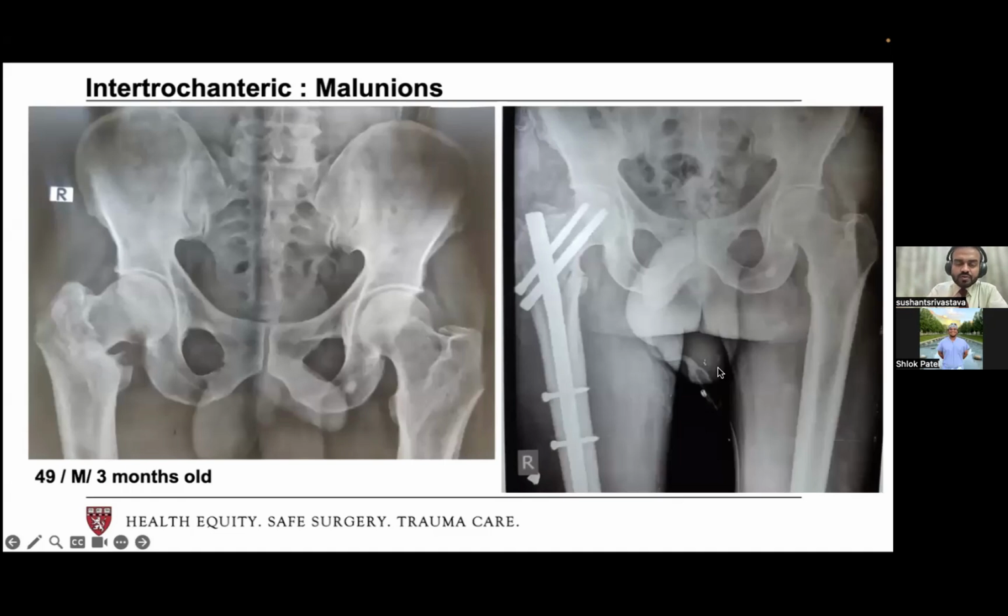Now, I'll show you cases wherein we have gone ahead and done normal routine procedures using a proximal femoral nail. In this 49-year-old male with a 3-month-old fracture, we went in, got a good alignment which was seen on the C-arm, and then we put in an intramedullary proximal femoral nail.